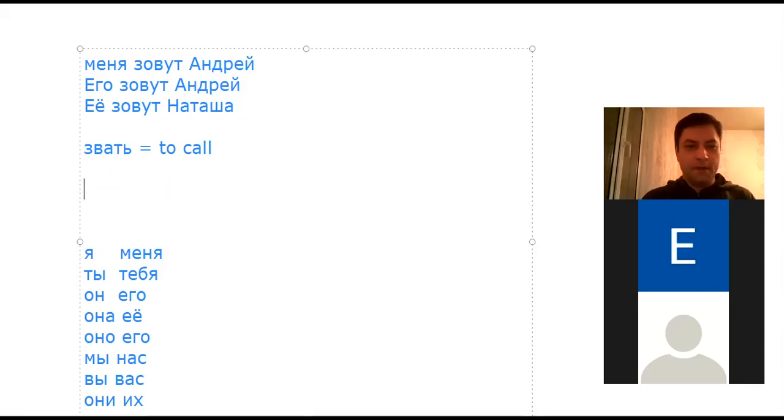Okay. And if we look at the word зовут, then because I can speak Russian language, I know that the subject which is implied here is они зовут. Again, we're not going to learn conjugations of verbs today because it's not our topic.